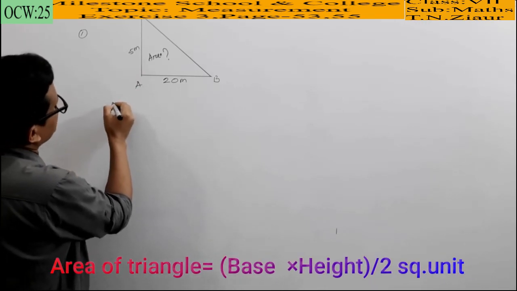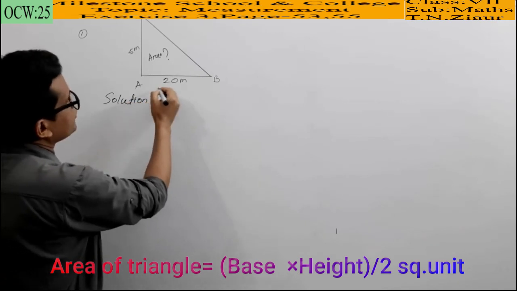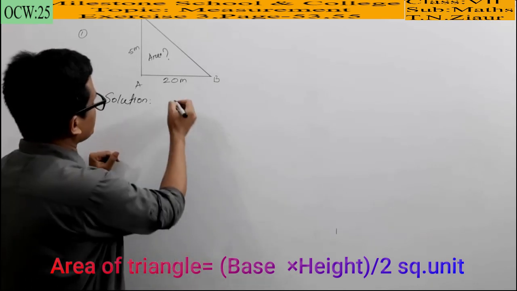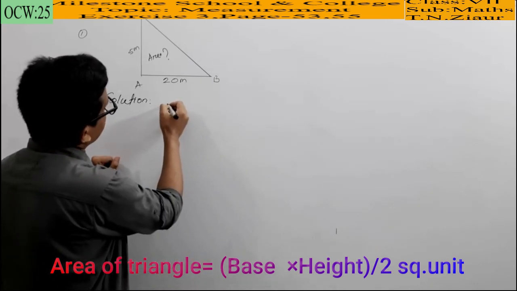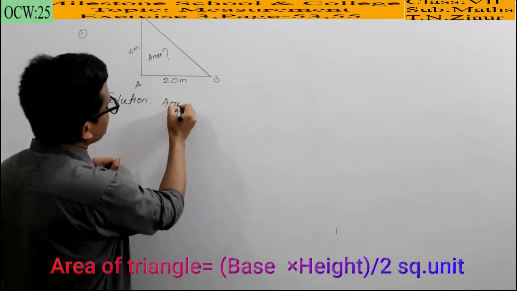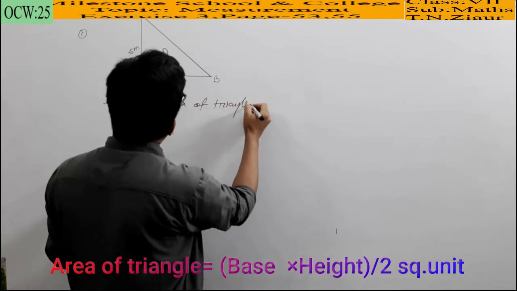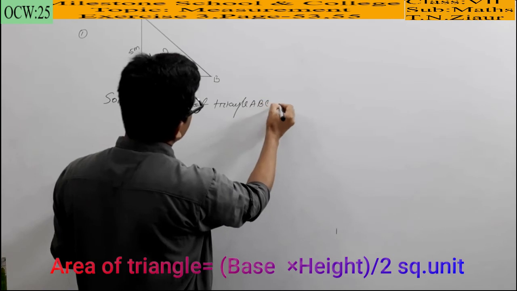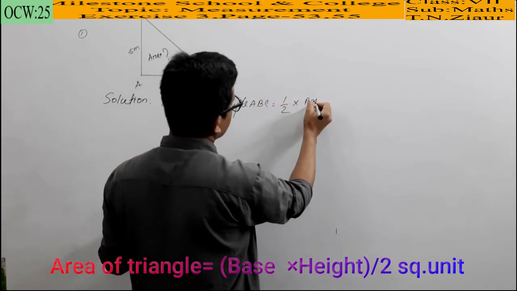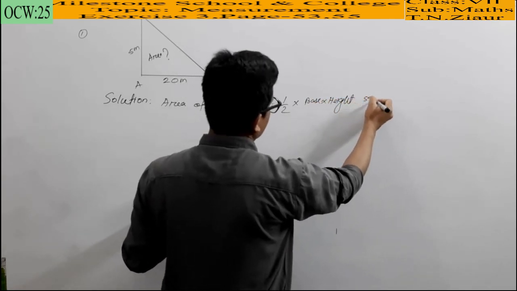Okay, now the solution. Which one is the area of a triangle? You know, half into base into height. Area of triangle ABC, which formula? We know half into base into height, in square units.